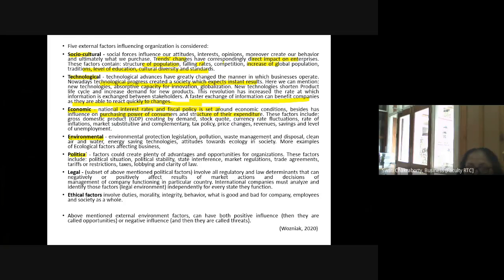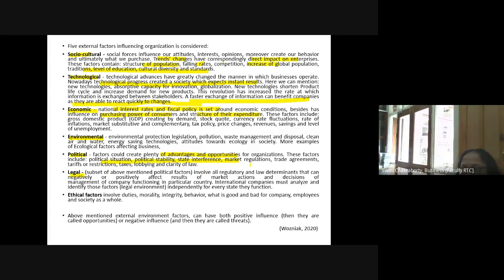Political. What are political factors? They provide ample opportunities and advantages for organizations. These are basically the political situation, political stability, level of state interference, market regulation, trade agreements, tariffs, restrictions, taxes, lobbying, and clarity of law.